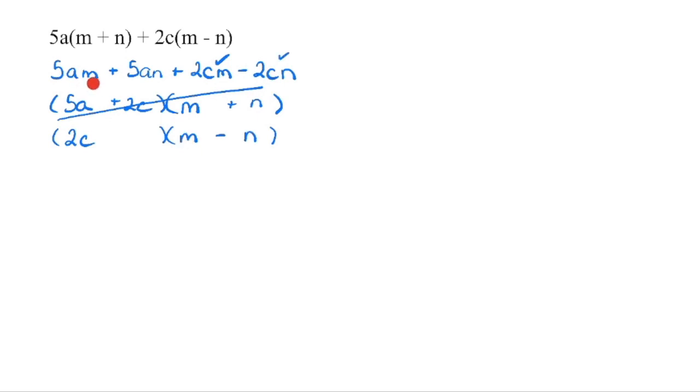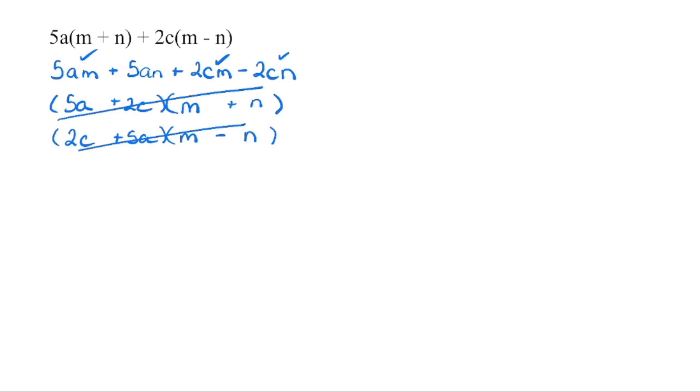This is my other term with an m, so we can put in the 5a, and that inside product will give me that term. The last term is a check. 5a times negative n is negative 5an. This is positive 5an. So again, this is not correct. You can keep going, but no matter what we try, we will not be able to FOIL it back in order to get this.